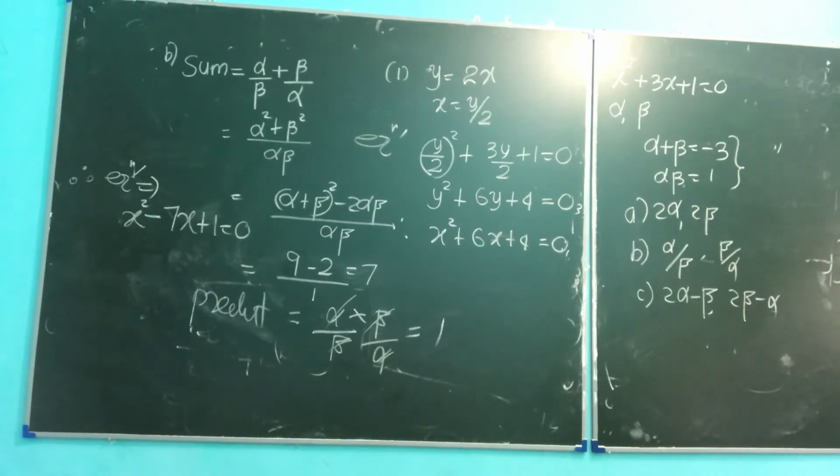Right, part C. 2 alpha minus beta is one root, 2 beta minus alpha is the other root. So find the summation and the product. Find the sum of the roots and the product of the roots.